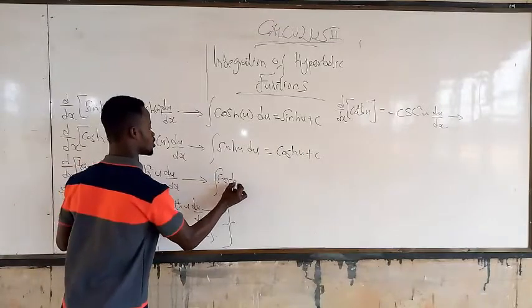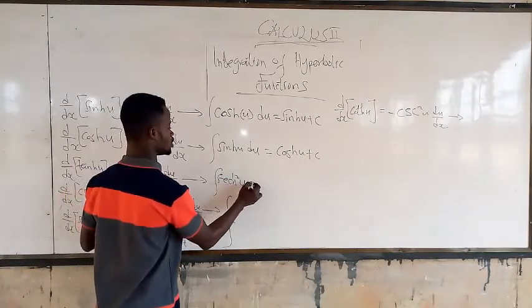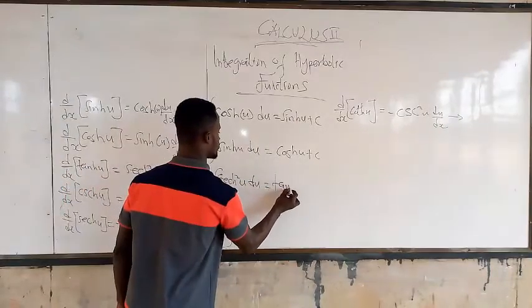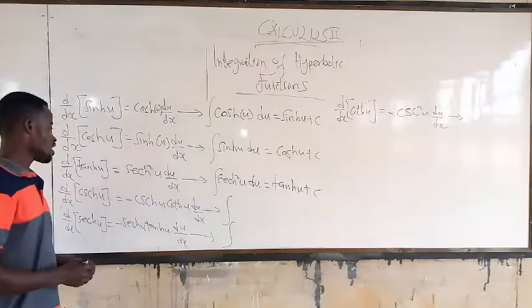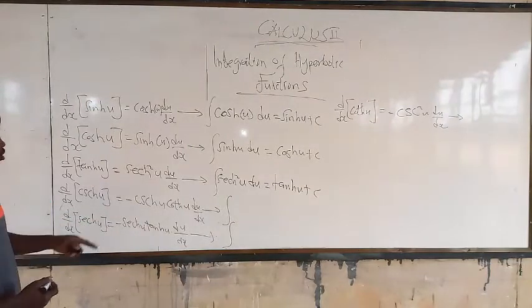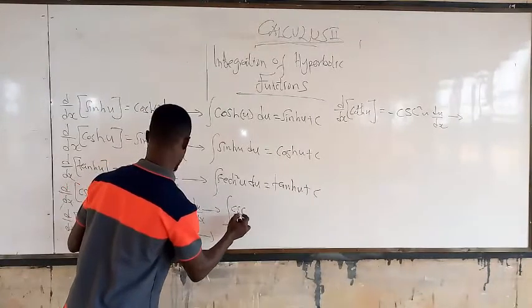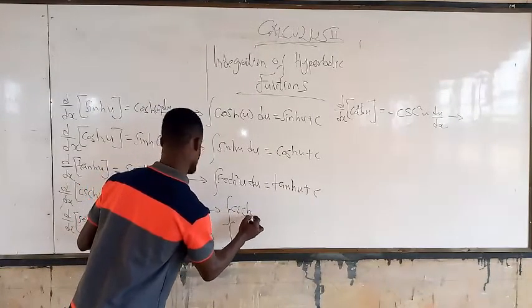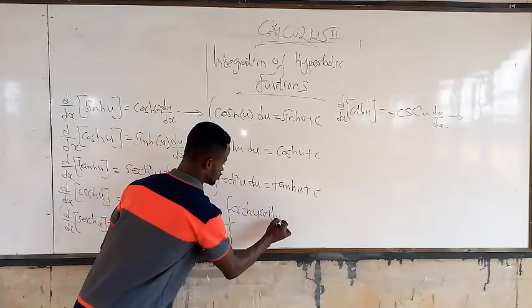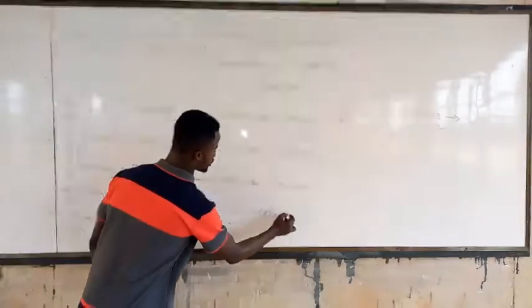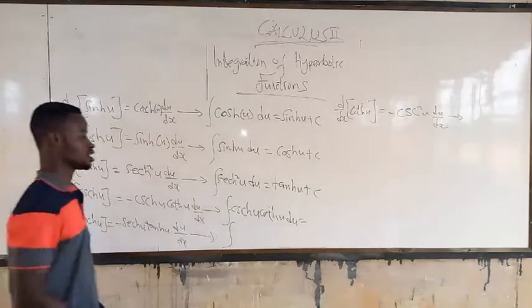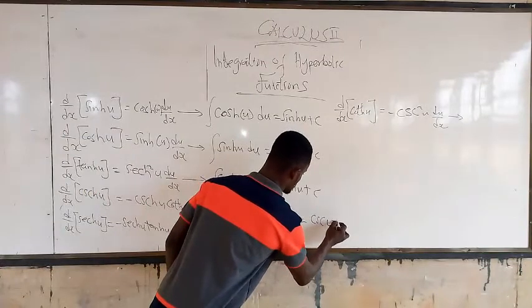Sec squared u du is going to give you tan u plus c, and also negative cosec u cot u du will give you cosec u plus c.